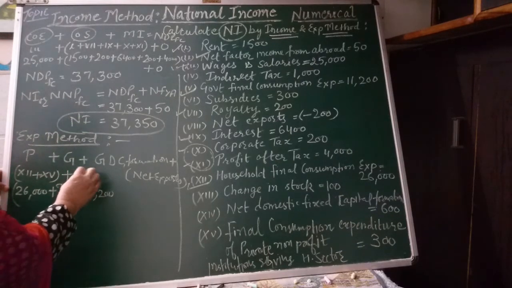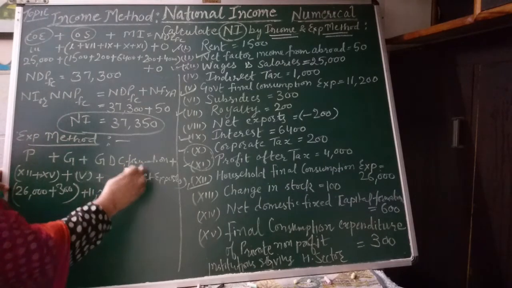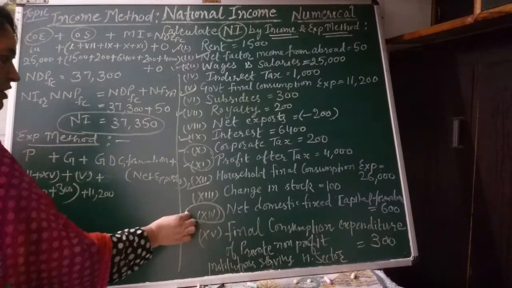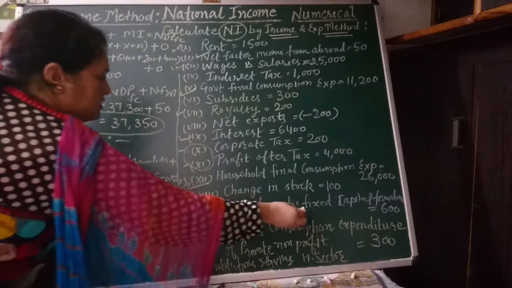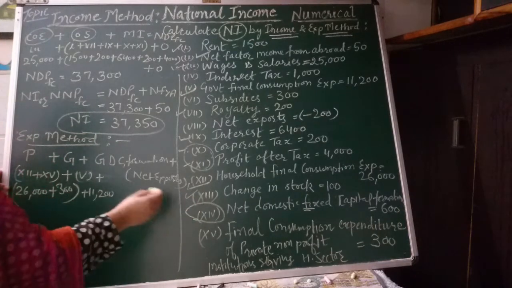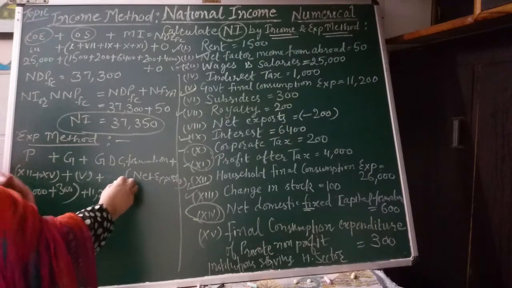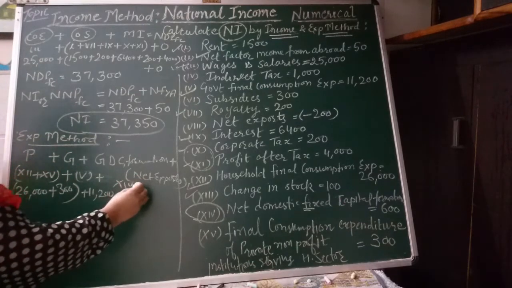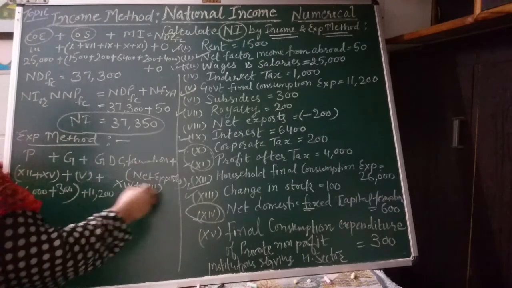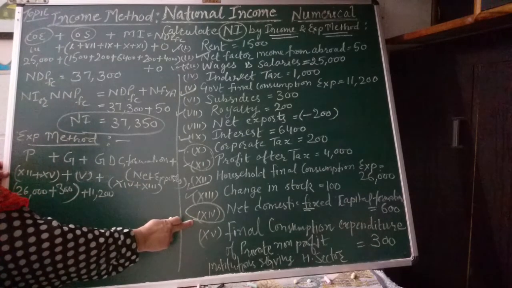Item number 5 plus gross domestic capital formation. The item is not given, rather net domestic capital formation, because this is fixed capital formation, so change in stock will be included in it. Item number 14 plus item number 13. Rather, we have to sum up depreciation in it.